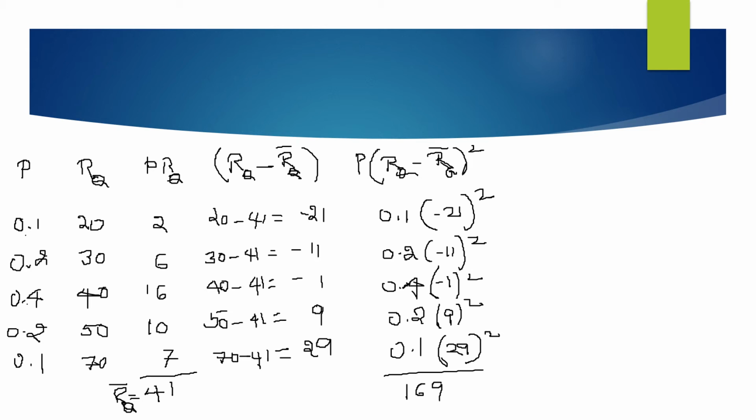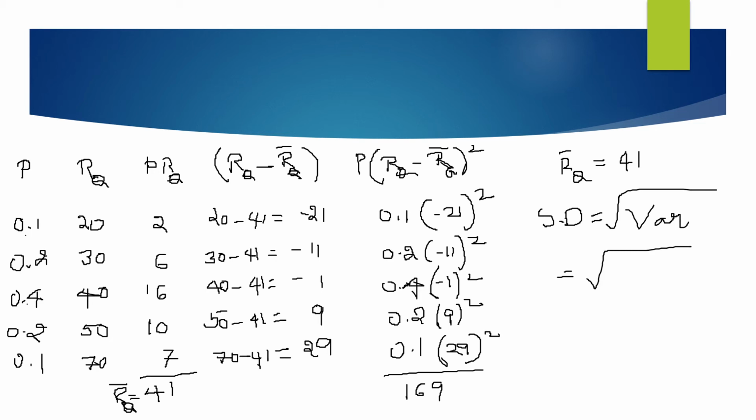So here the expected return is 41%. That is, R bar Q we got, R bar Q is equal to 41, and SD, standard deviation, is equal to the root of variance.